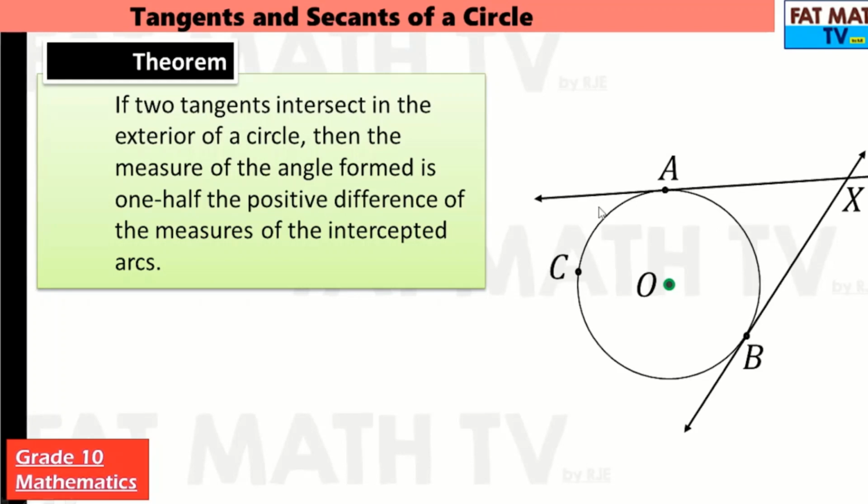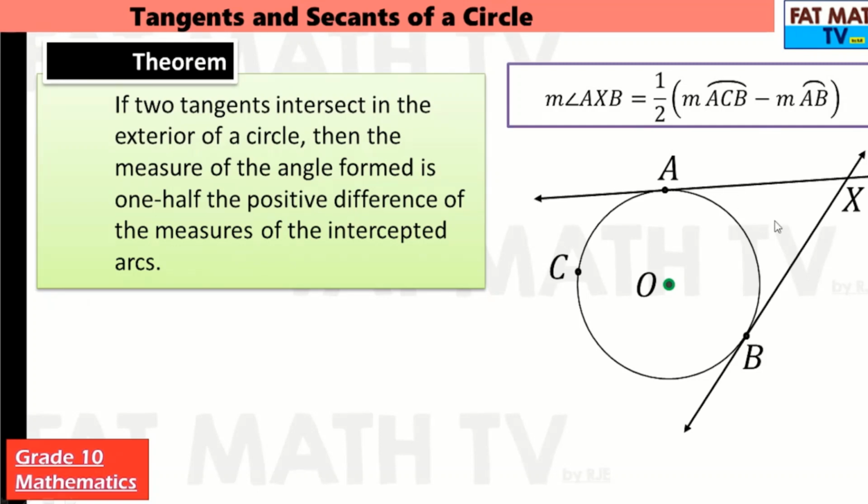But in this case here, the bigger intercepted arc and the smaller intercepted arc make the whole circle. So their sum is 360 degrees. So here, measure of angle AXB is half measure of arc ACB minus arc AB.